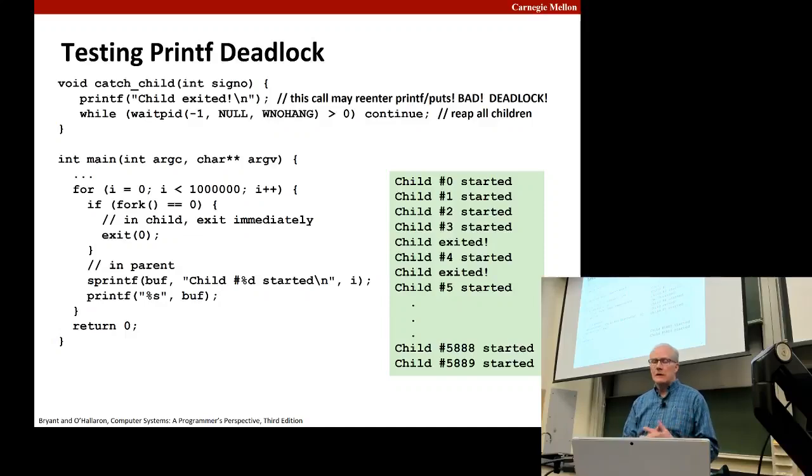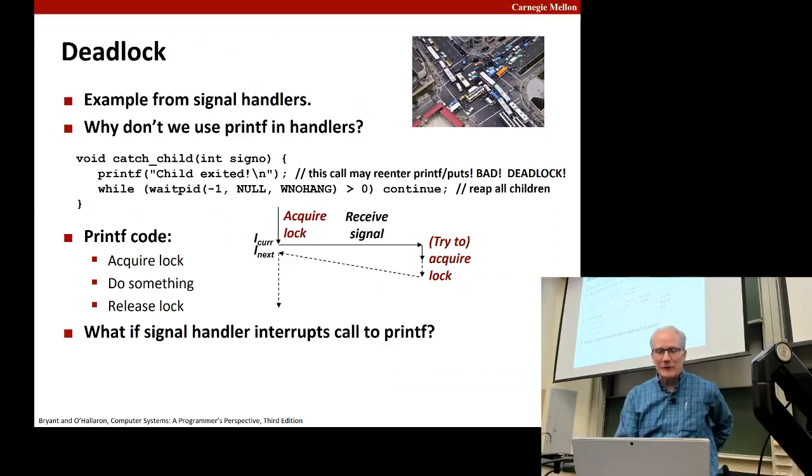But it will hang. I've never seen it get anywhere close to 1 million. This code, like all the code for lectures, is sitting in a class AFS directory if you want to poke at it yourself and try it. I think you'll find it pretty reliably causes a deadlock. So that's the reason why you shouldn't put printf in a signal handler.